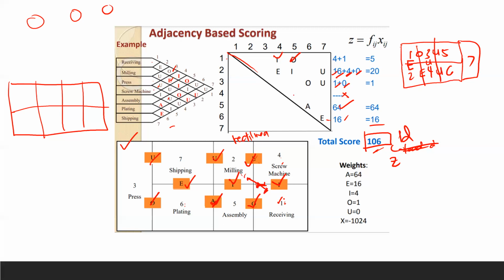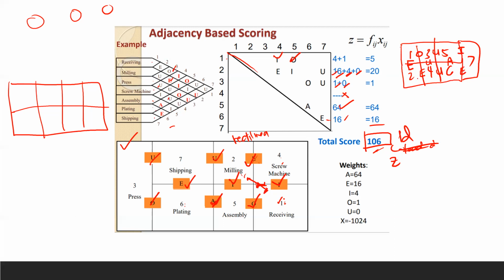And then 5 to 6. Ito 5 to 6 is A. And then we have ito 7 to 5. 7 to 5 is I. And then we have, asan yun? 6 to 7. 6 to 7 is E.